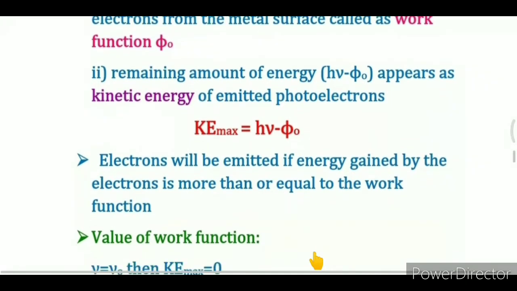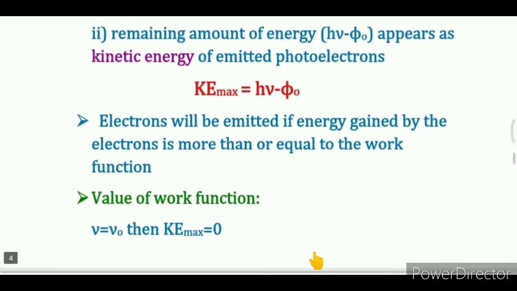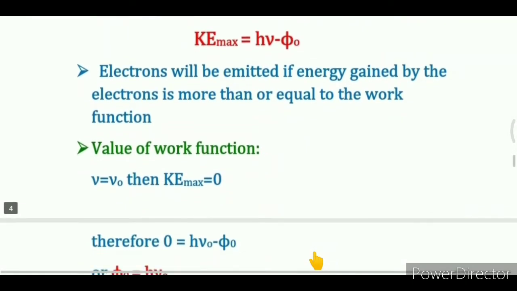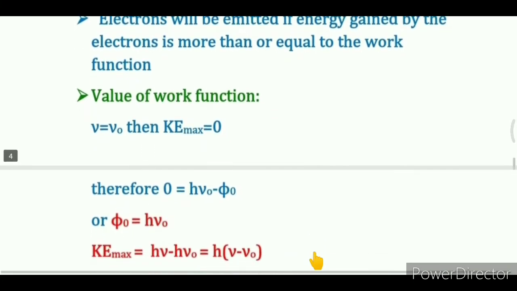After that we had determined the value of the work function phi 0. As we decrease the kinetic energy, the frequency also decreases. We made the kinetic energy 0, and the frequency of the incident radiation reached the value of the threshold frequency.